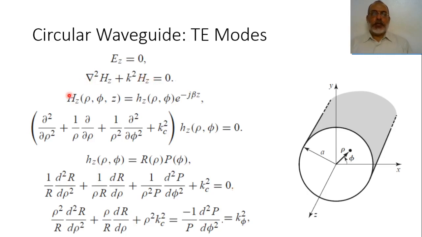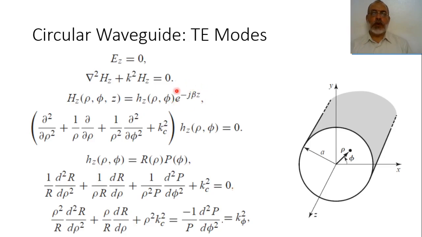By assuming that Hz is propagating in forward z direction, the field dependence on z would be e to the power minus j beta z, while the field dependence on rho and phi would correspond to the mode distribution of Hz. Now, it is required to determine the mode equation Hz as a function of rho and phi.